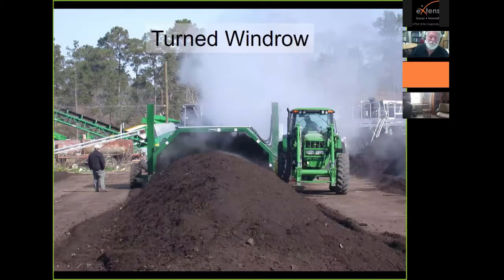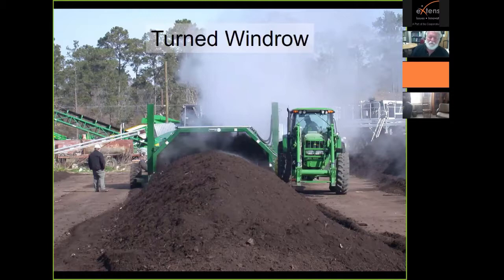These tractors have to have a gearing in the transmission that is called a creeper gear. And the reason for that is most tractors don't have a transmission that allows them to travel at less than 1 mile per hour. But to turn one of these windrows with a tractor pulled windrow turner, you must travel at less than 1 mile an hour.